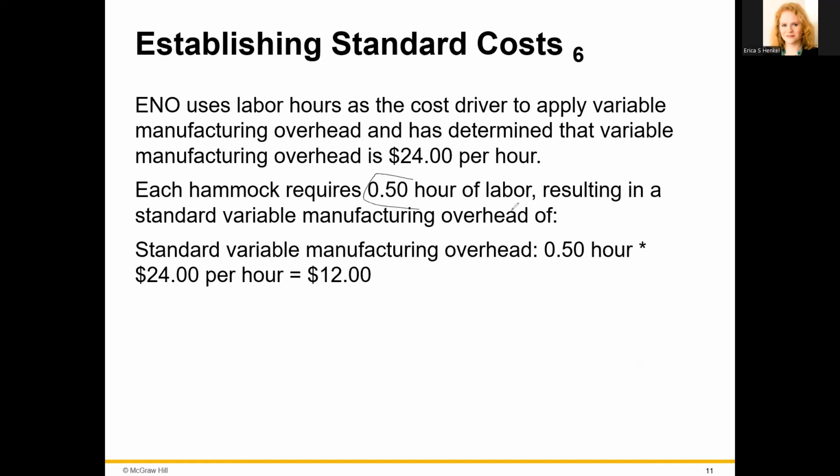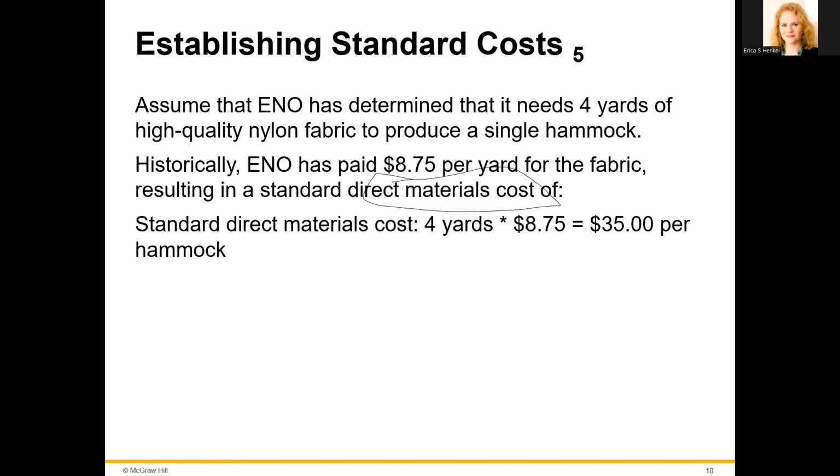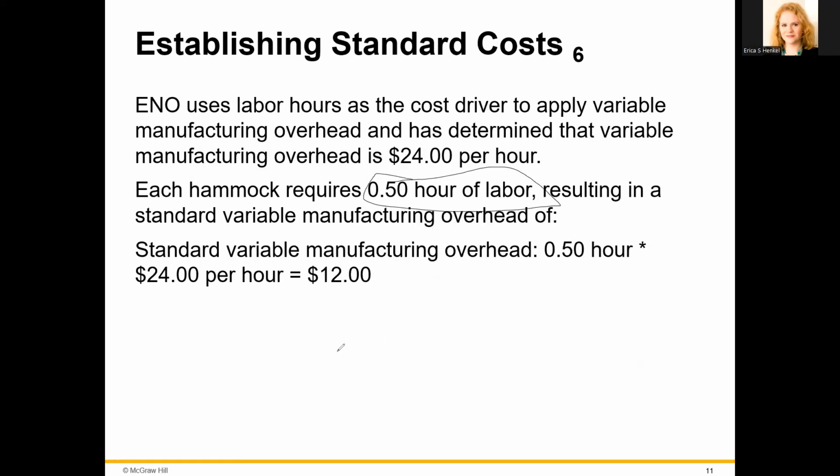It takes a half hour of labor, and for the overhead side of it, oops, did they mention the labor on the previous one here? Oh, just the nylon. Okay, so I'm missing my slide here for labor. But anyway, a half hour of labor times their overhead rate of $24 per hour gets us the $12 for manufacturing overhead.